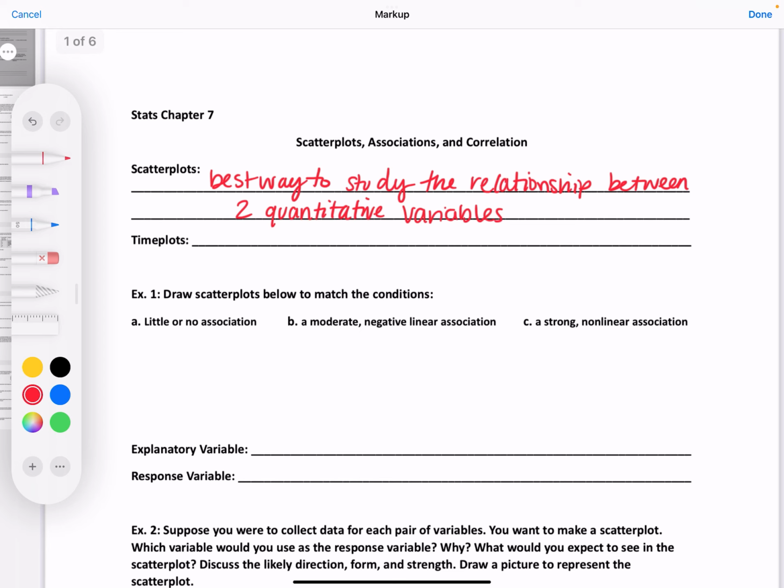And time plots, they just show trends over time. Something about both of these though is they look very similar when you see them.